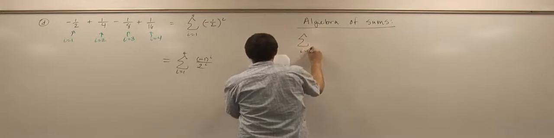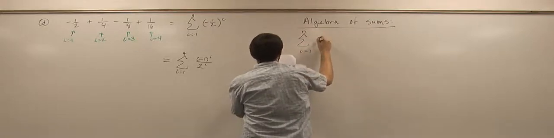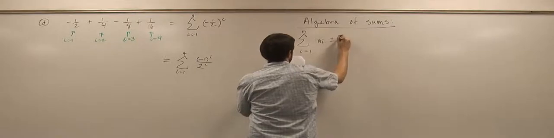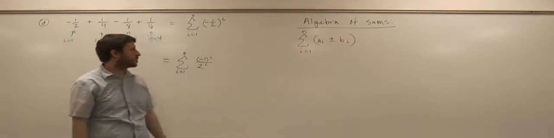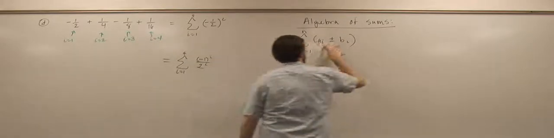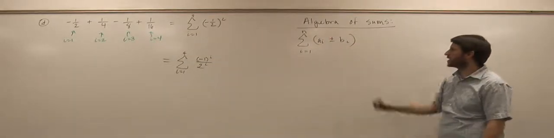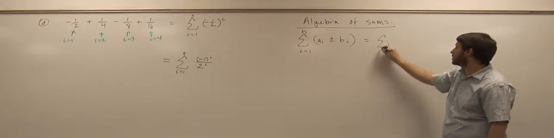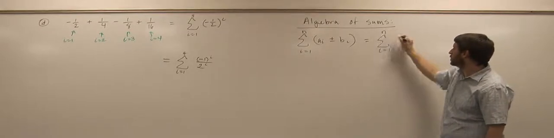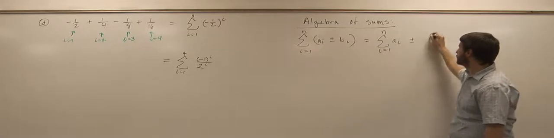So if you take the sum from 1 to n of two terms, two functions here, being added or subtracted, you can actually distribute out the sum. You should be used to seeing rules like this.